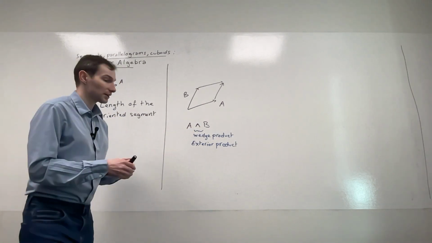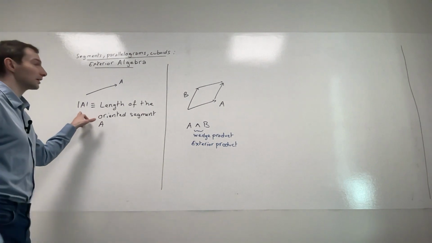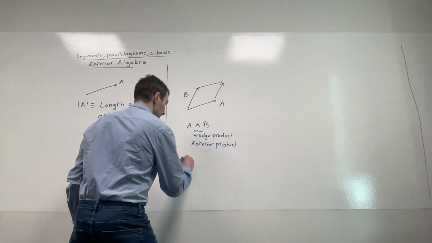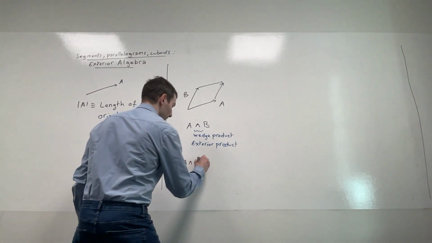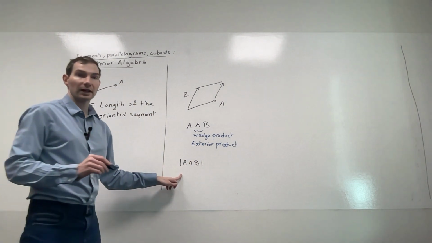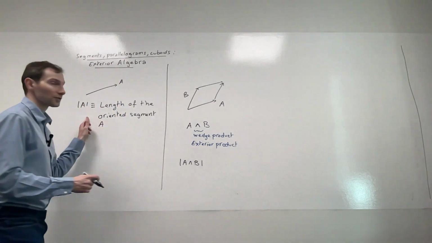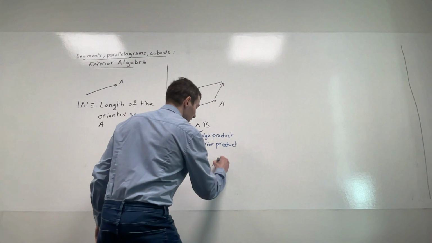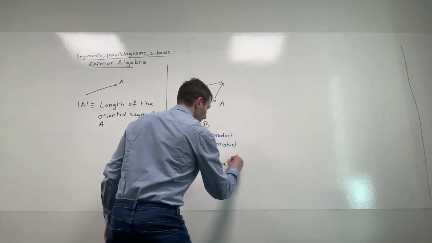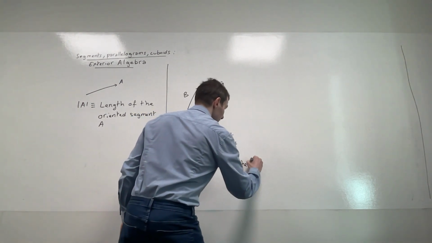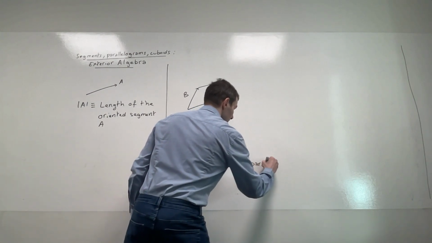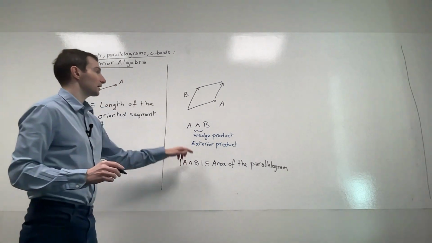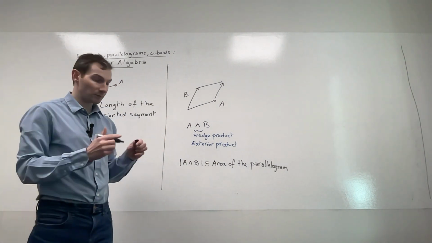And what is interesting is that if I want to look at the analogy here, the magnitude of A wedge B has to be, if I want to be consistent with what I have here, the area of the parallelogram that is made of the vectors A and B.